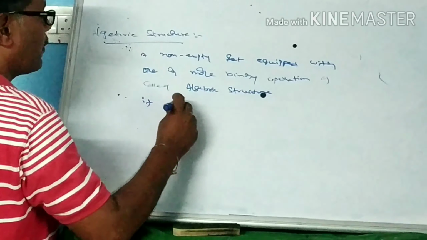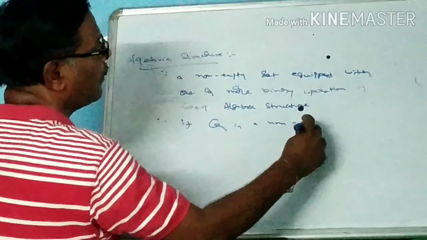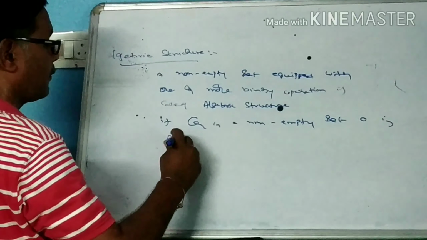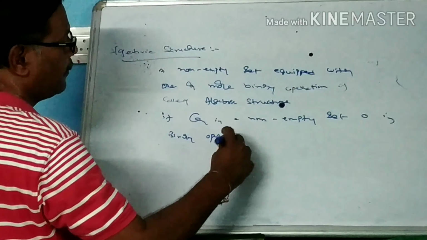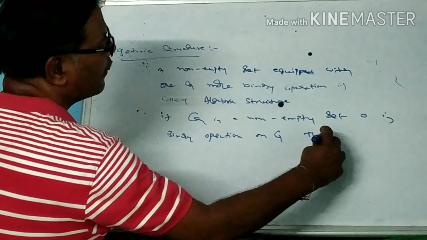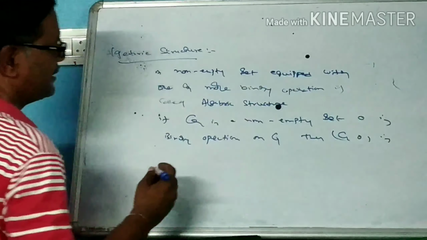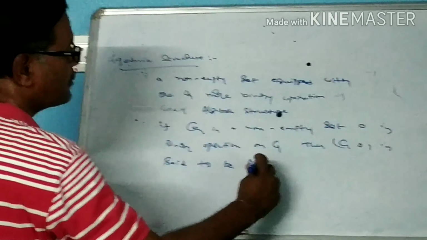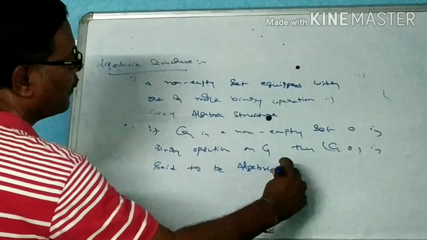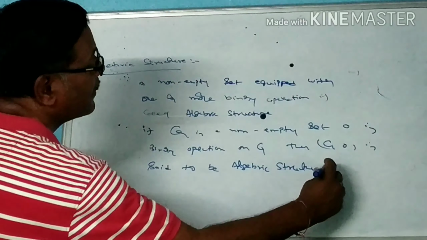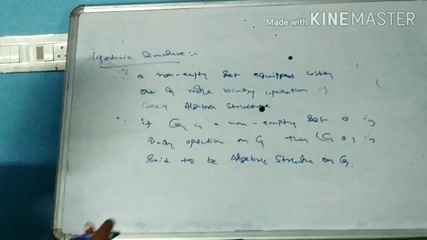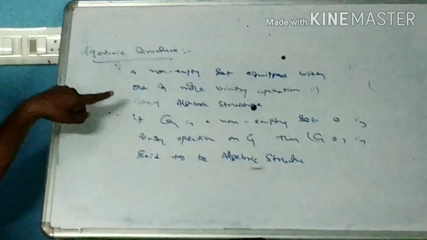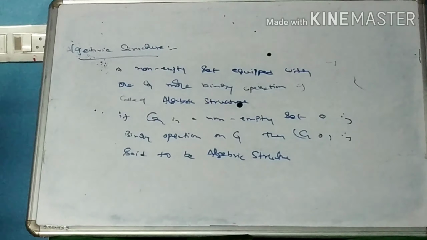If G is a non-empty set and circle is a binary operation on G, then (G, circle) is said to be an algebraic structure on G. A non-empty set equipped with one or more binary operations is called an algebraic structure.